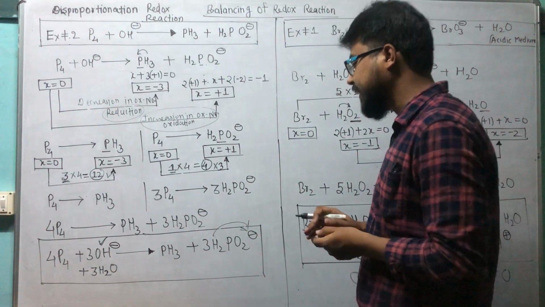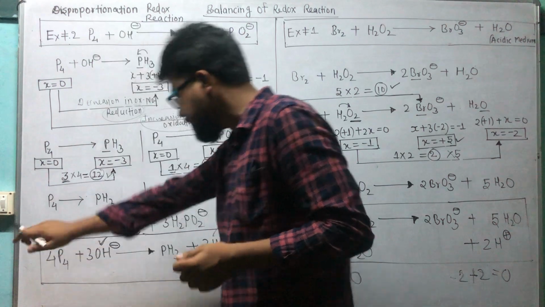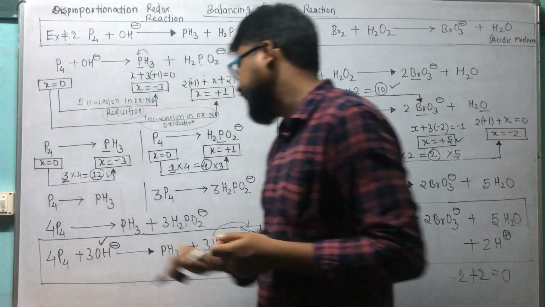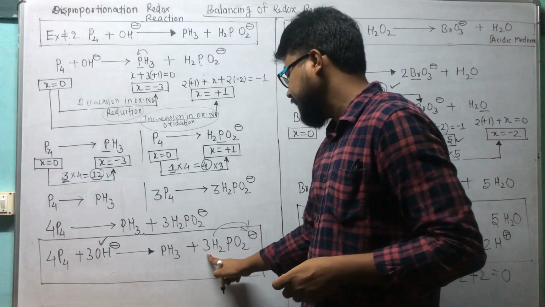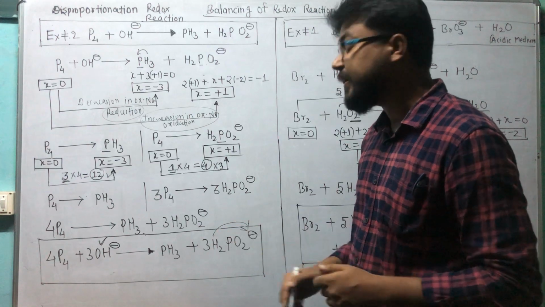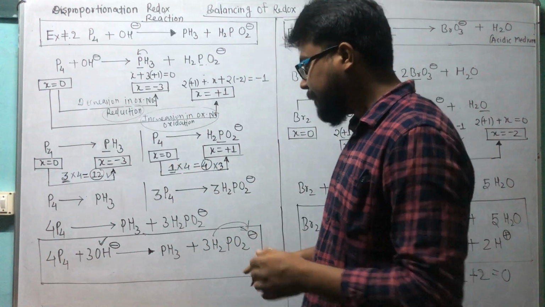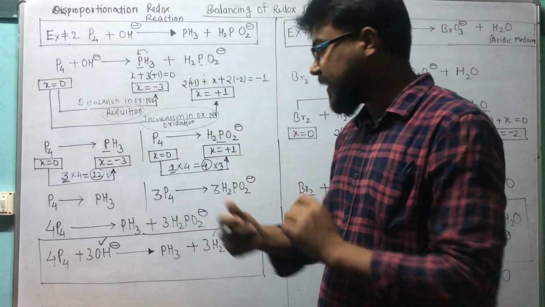Now check the oxygen atoms. Here total 3 oxygen and 3 hydrogen. Here total 3, and here 3 into 2, 6, which means 9 hydrogen and 6 oxygen. Here 6 H atoms are less.